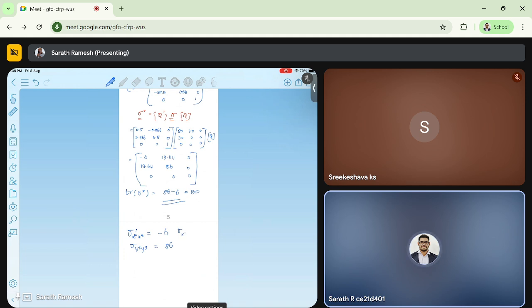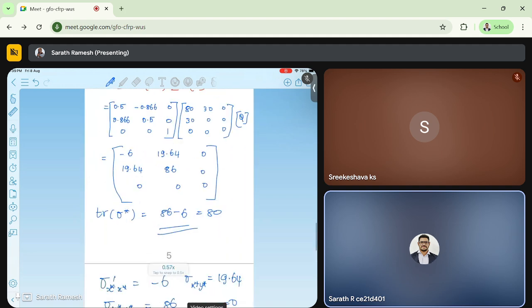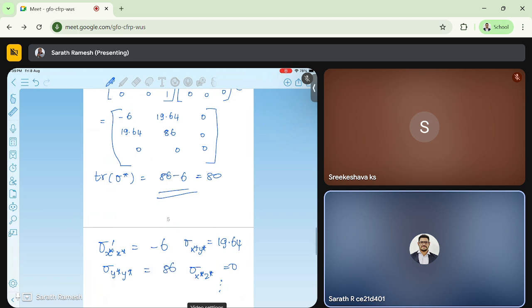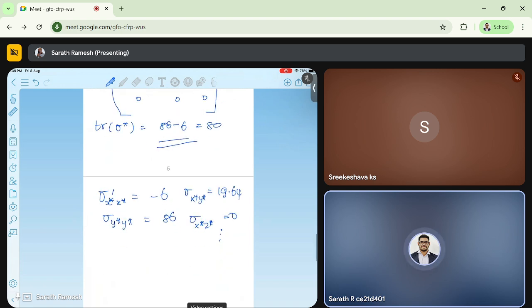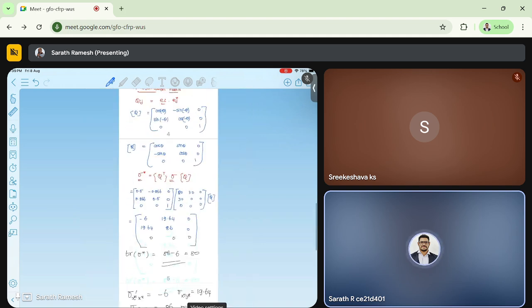Sigma x star y star is 19.64, and all the sigma x star z star, everything, is 0. Okay, remaining things are 0. Okay, that's it. So this finishes the first part of the top problem for today.